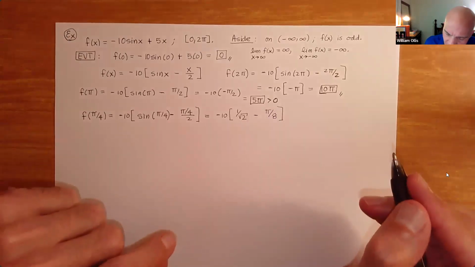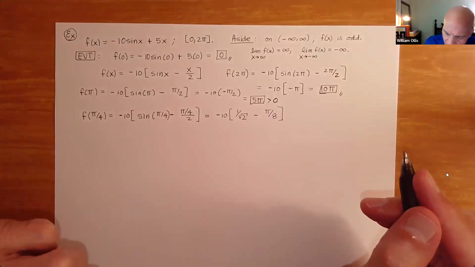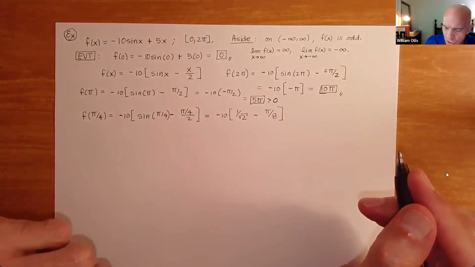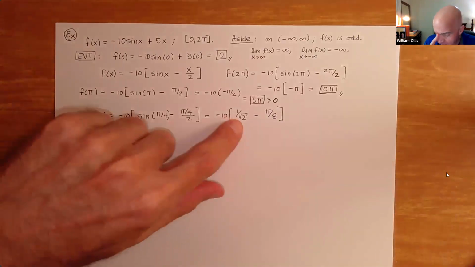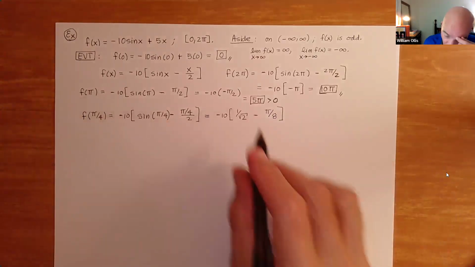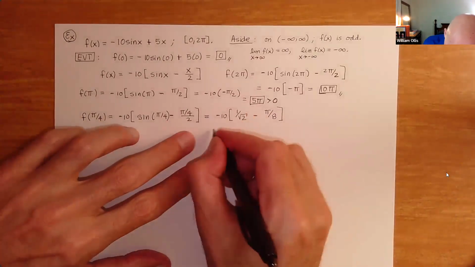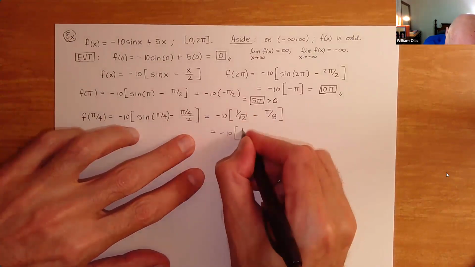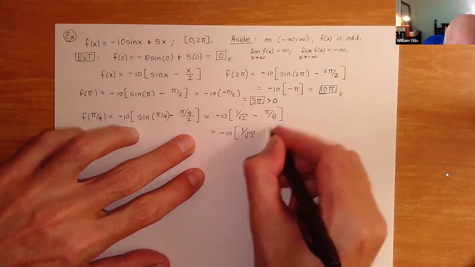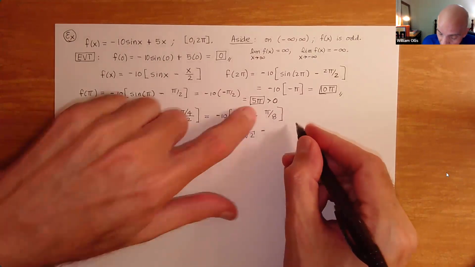Now, when we look at this, we think, how can we reduce this to a form so that we can compare these two? And we need a 1 here. So let's just do a little bit of smoke and mirrors. So -10, 1 over root 2, and multiply and divide by 1 over pi.